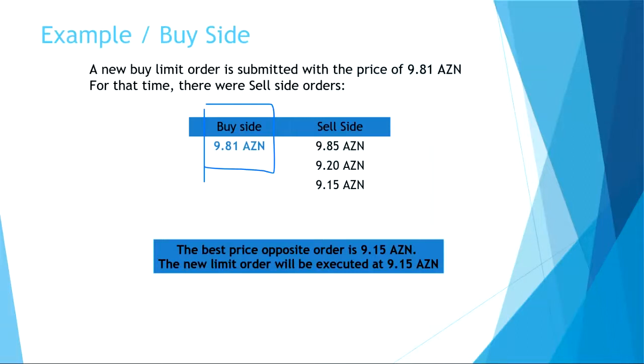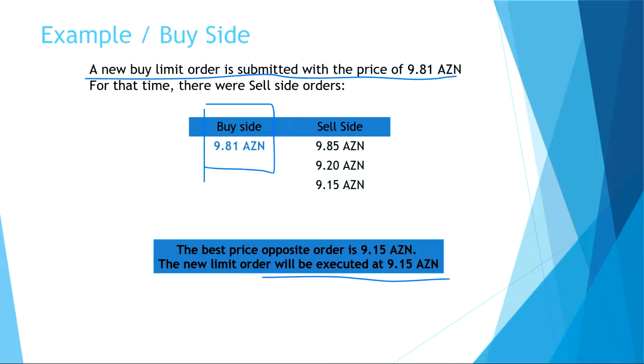So we are submitting a new limit buy order at the price of 981. Of course, when we submit this 981, it is automatically executed at the price level of 915, right?